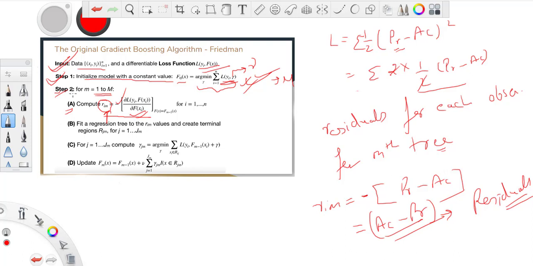In the next step B, it is saying to fit a regression tree to the r_im values, which are nothing but residuals, and create terminal regions for J1 to Jm. So this is saying build a small tree in such format.